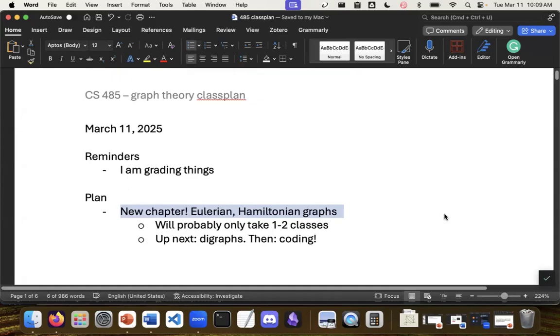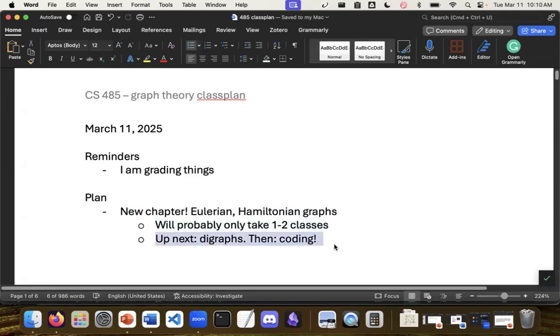The book talks about what it is, and has proofs for the theorems. I'm not going to go into the proofs. We're just going to talk about what it is and do the exercises. I estimate that it'll only take maybe today and Thursday to get through. So a fairly short unit.